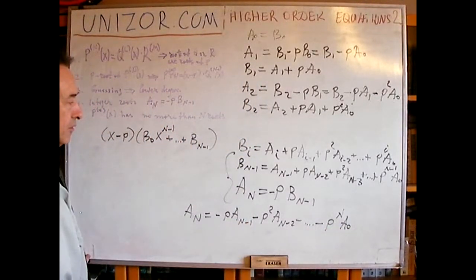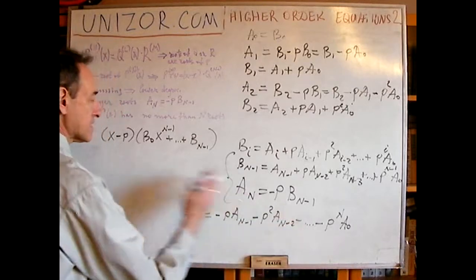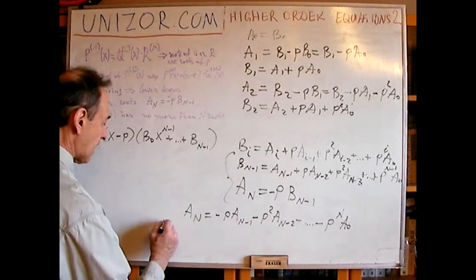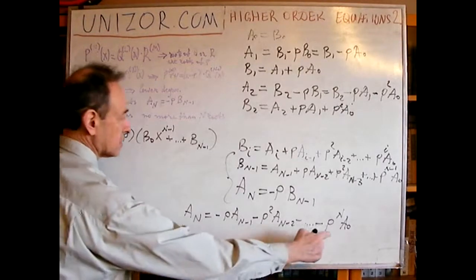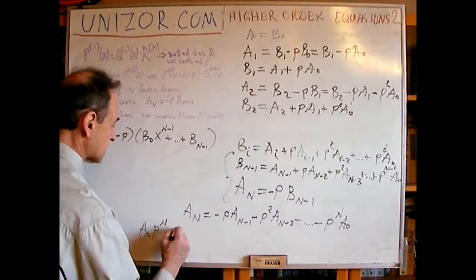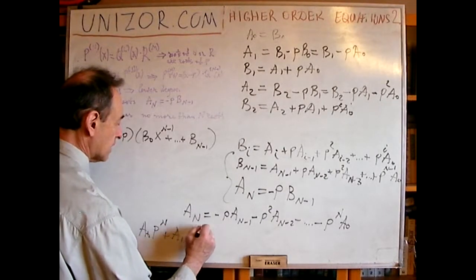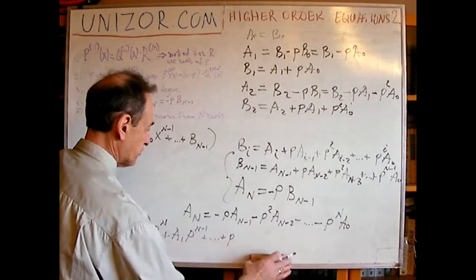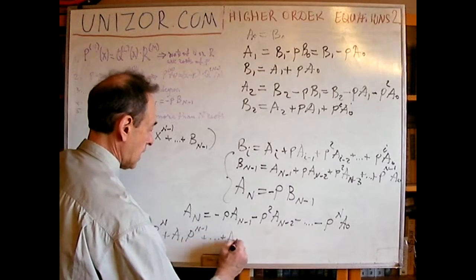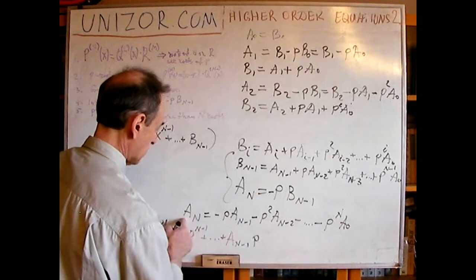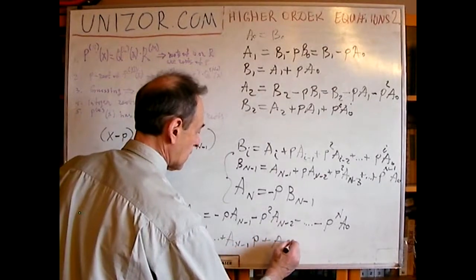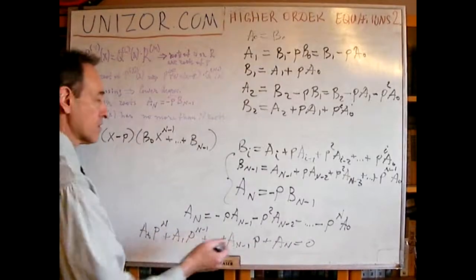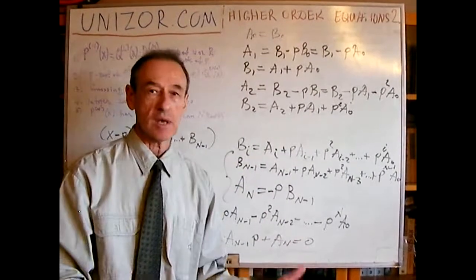What is this? Well, move everything to the left side and you will see the original equation, which is p to the n times a0 plus a1 p to the n minus 1, etc., plus a n minus 1 p plus an equals 0. And we know that this is true because p is the root of the original equation. This is our original assumption.